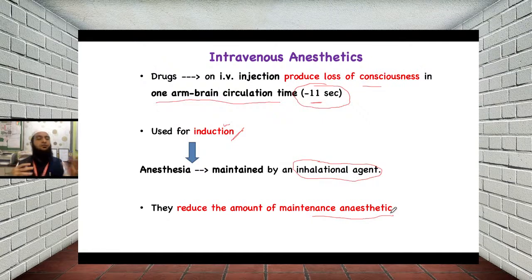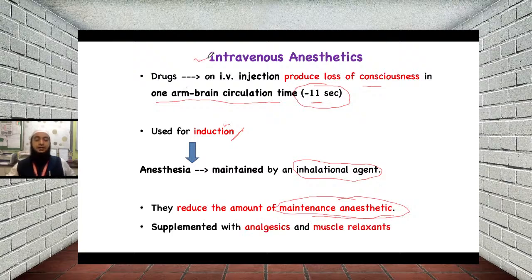Even a physician must keep the goal of prescribing as few drugs as possible, because exposure of the drug to the body has one impact or another, sometimes not measurable. So if you are using an intravenous anesthetic agent along with inhalation anesthetics, it helps you reduce the amount of maintenance anesthetics. The dose of maintenance anesthetics can be easily reduced with the help of the intravenous anesthetic agent.